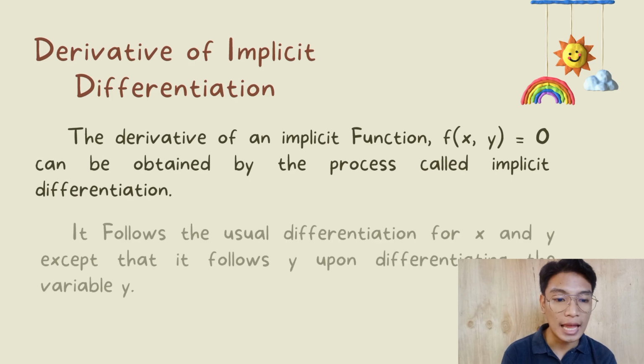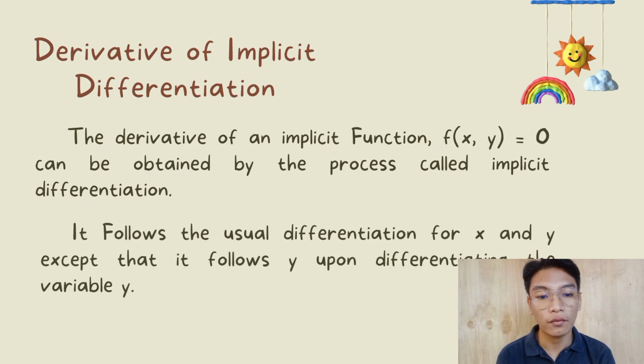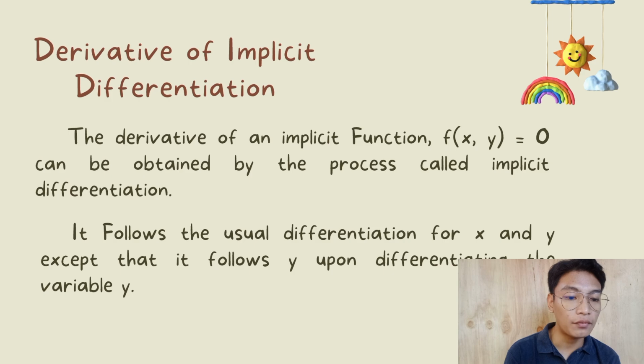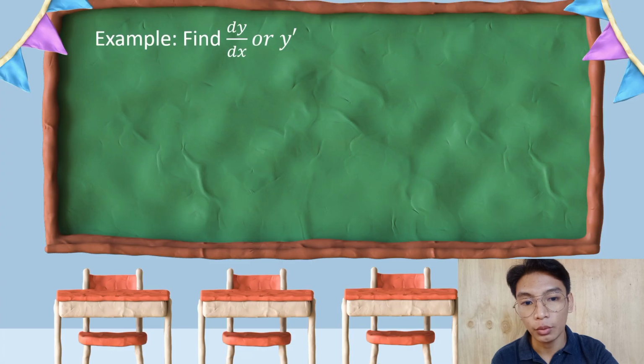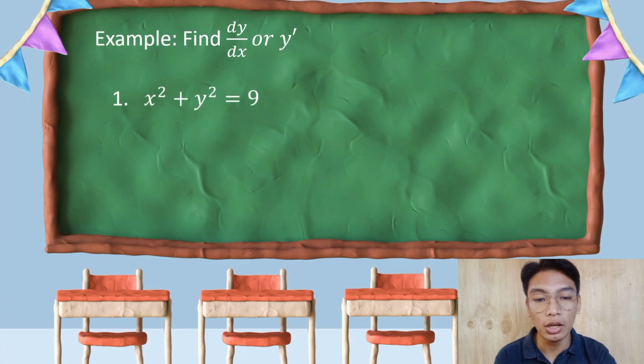So it follows the use of the usual differentiation for x and y, except that it follows y prime upon differentiating the variable y. So paano yun?